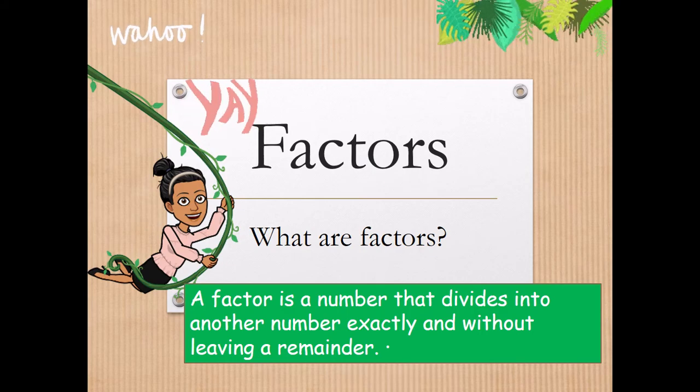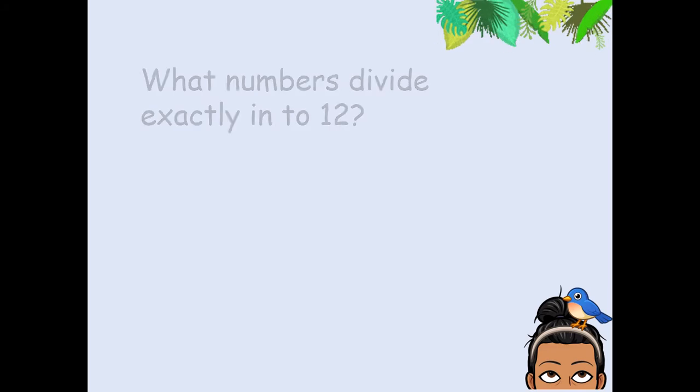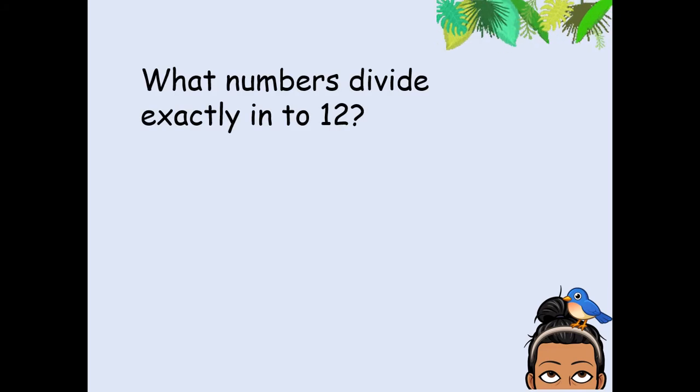Lovely. Let's move on to factors. What are factors? So a factor is a number that divides into another number exactly without leaving a remainder. Let's look at an example. What numbers divide into 12 without leaving a remainder?